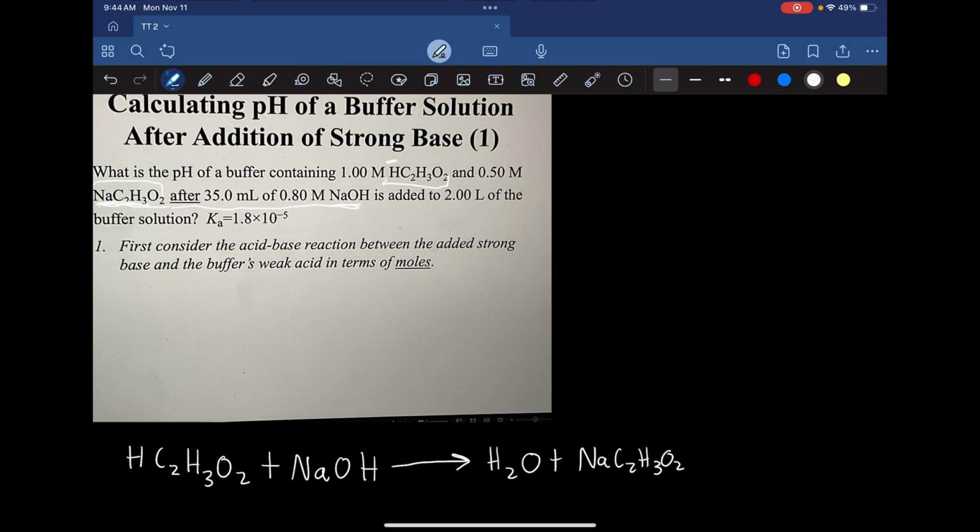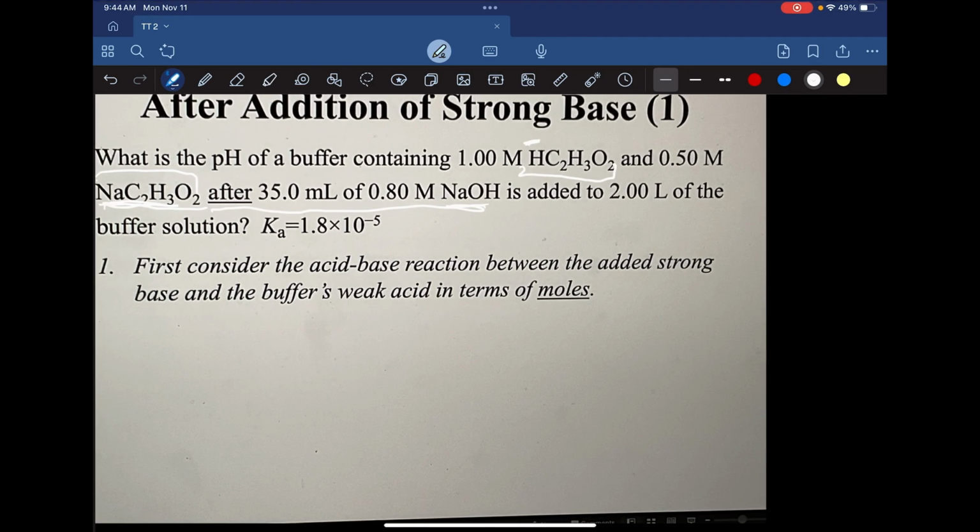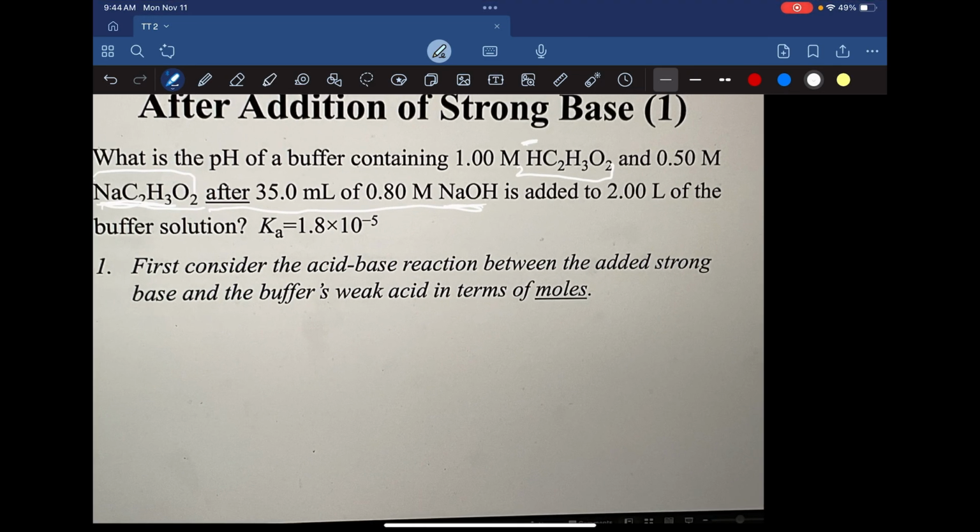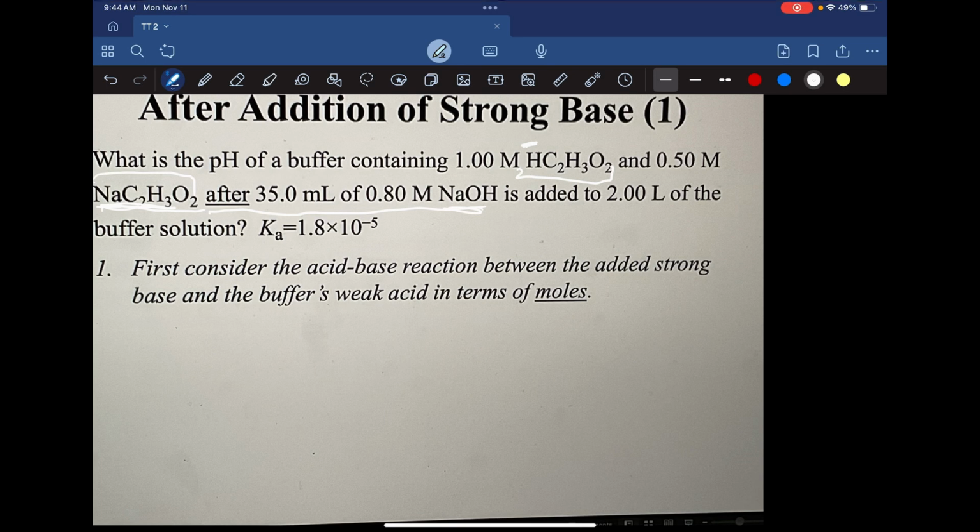So in these types of problems, when there are different volumes in liters, you always want to put everything into moles.